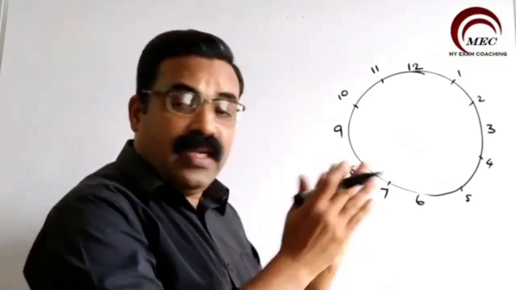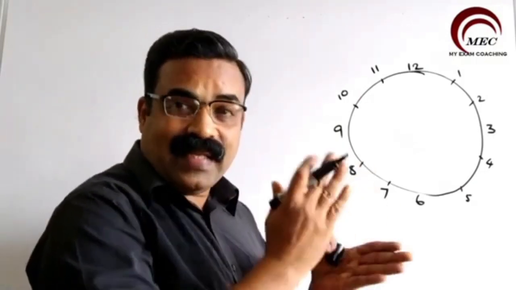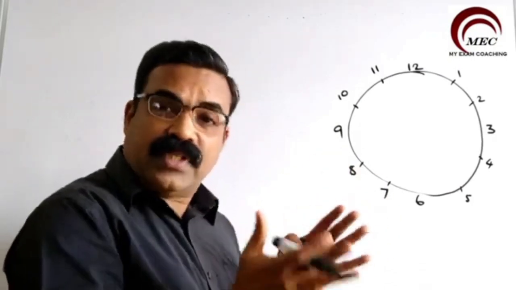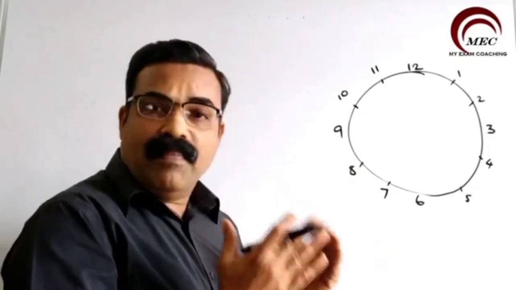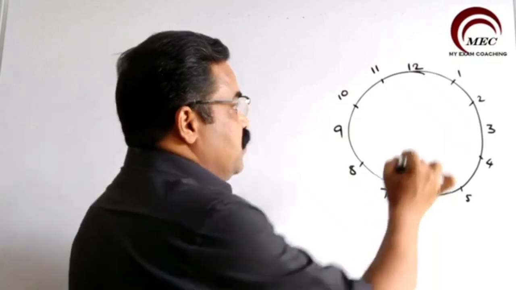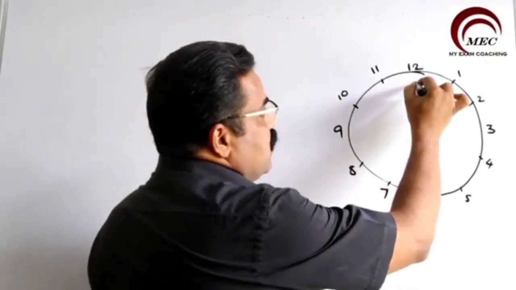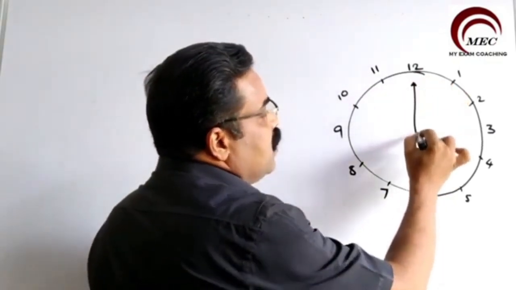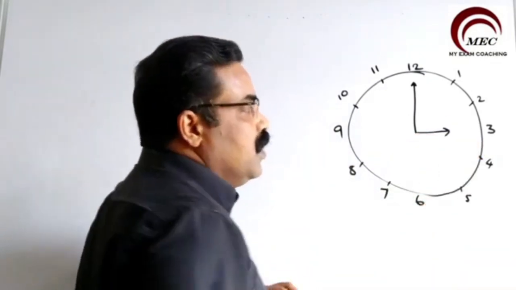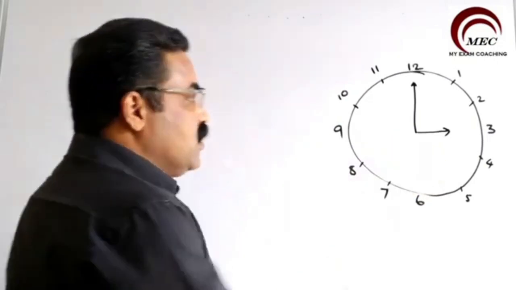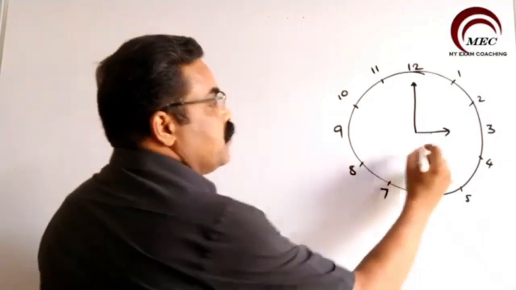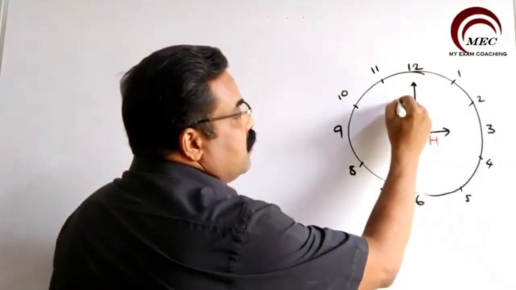Basically, there are 3 hands: seconds, minute and hour. But as far as our competitive exam questions are concerned, we will draw only 2 hands, the hour hand and the minute hand. Let us take this as the minute hand, and the smaller one, that is the hour hand.